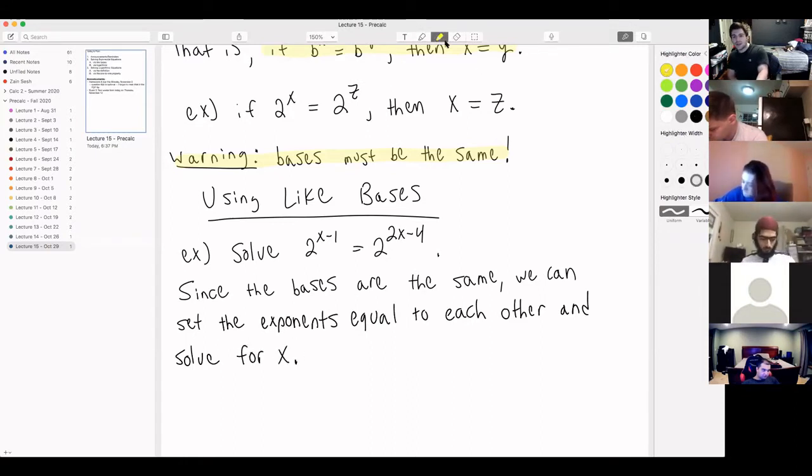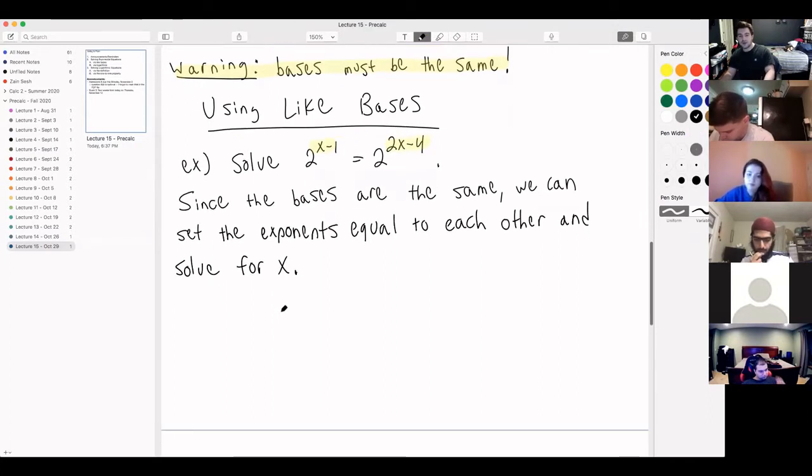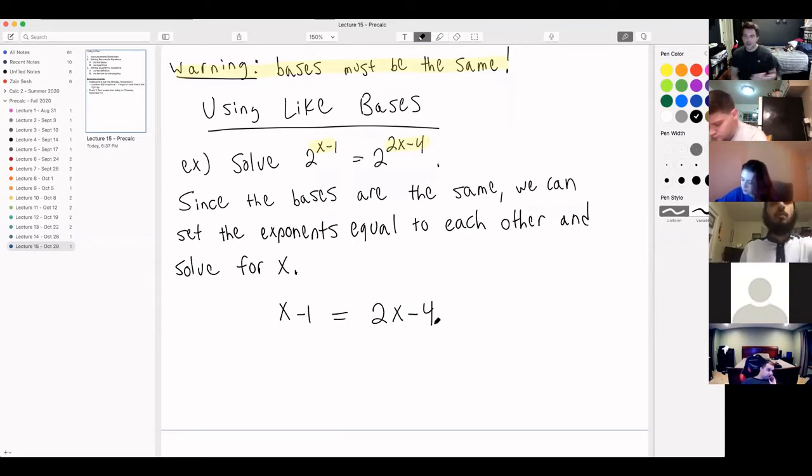All right, so let me go ahead and do that. The exponents here are x minus 1 and 2x minus 4. So I will go ahead and set them equal to each other. So x minus 1 is equal to 2x minus 4. All right, and now we are in a very familiar situation of just solving linear equations. This is now reduced down to solving a good old linear equation.